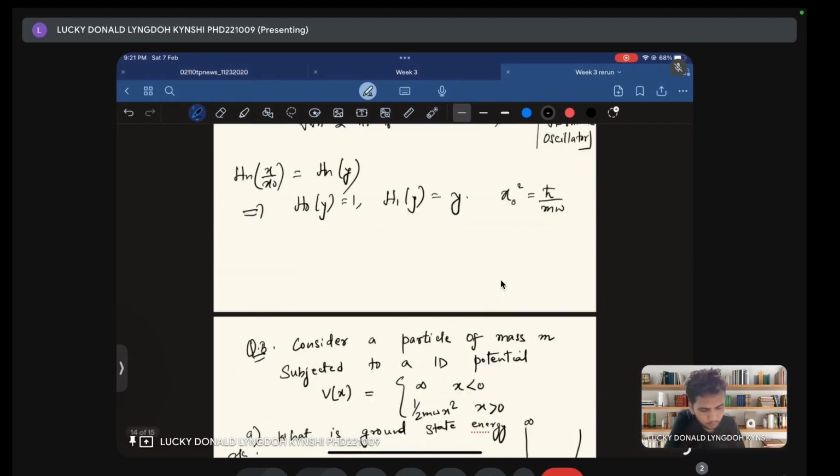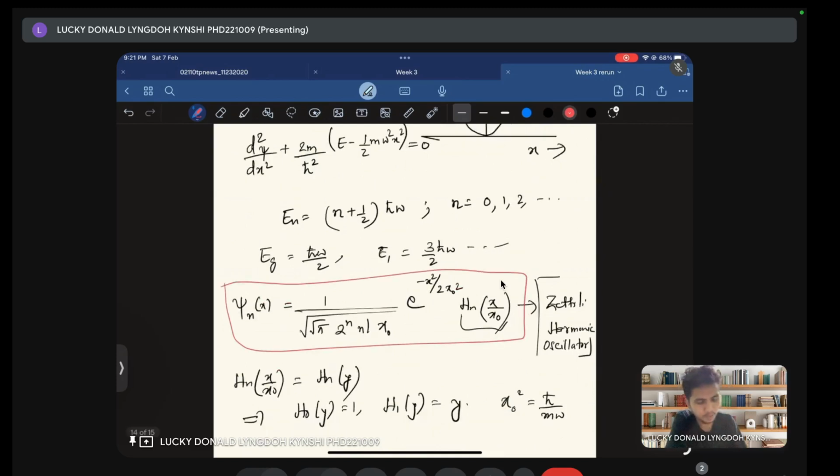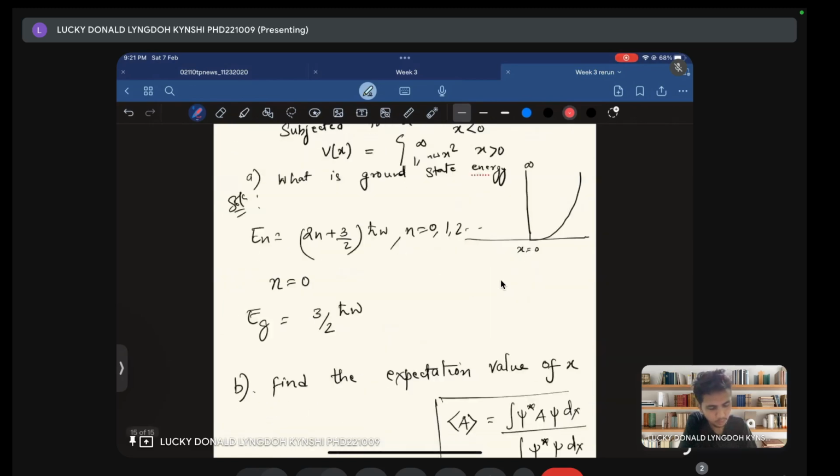If you go back to the harmonic oscillator, you have this ψ_n. Now for the ground state energy, you need to put n equal to 0, and then you will get the wave function ψ.